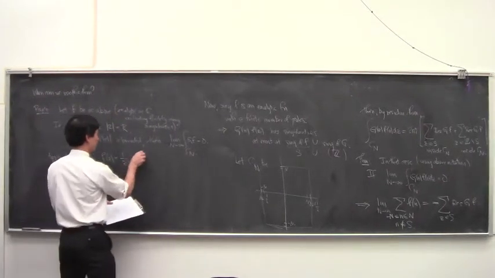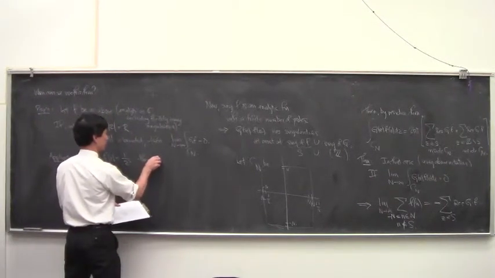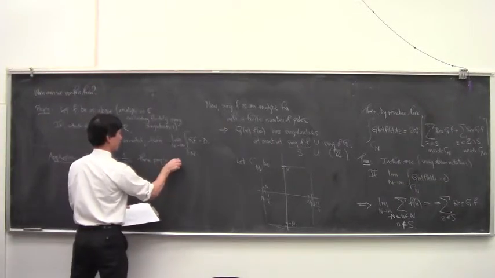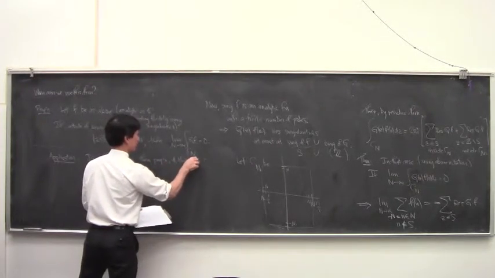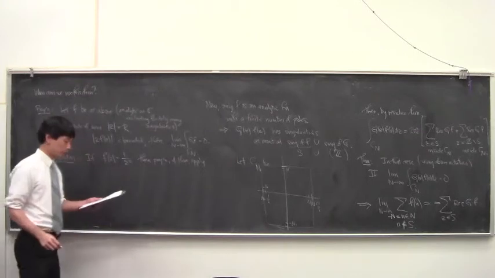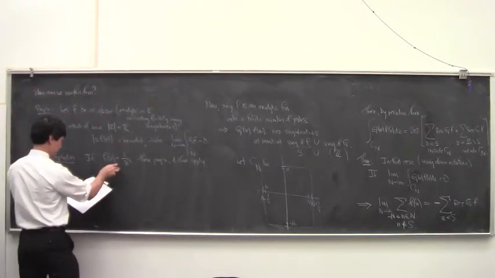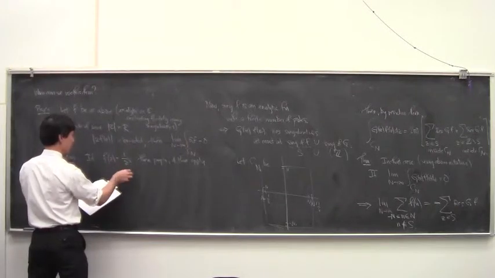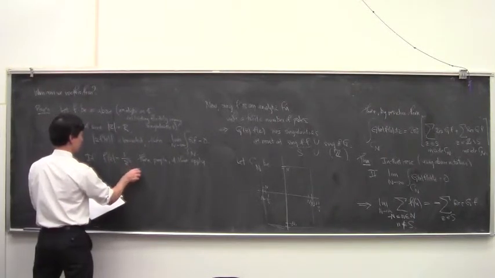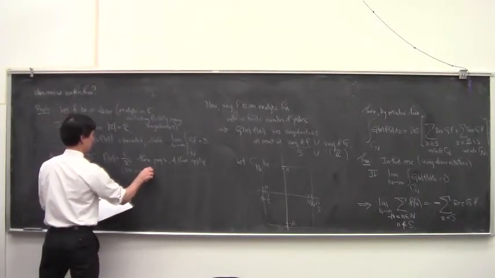So then the proposition and the theorem apply. Of course, this thing has a double pole at 0.